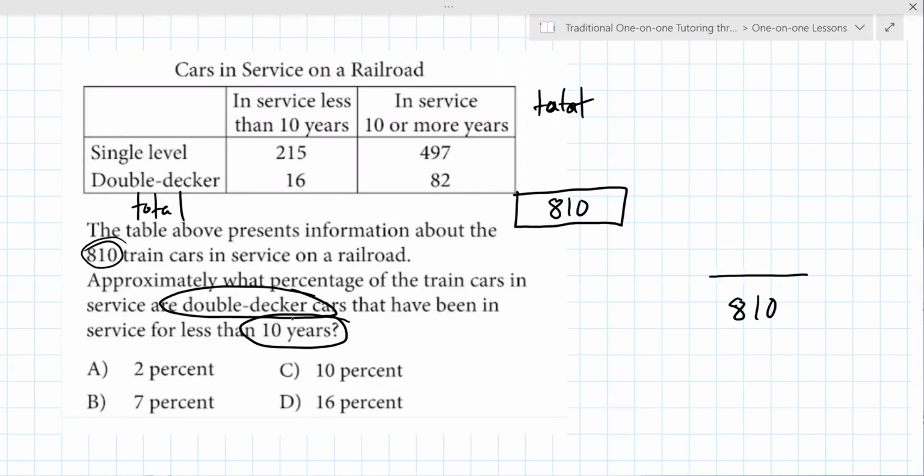How many double decker have been in service less than 10 years? So you're looking at this table. 16. Yeah. Now, could you grab a calculator and divide these two numbers on the right?